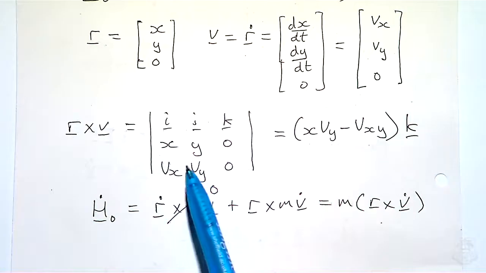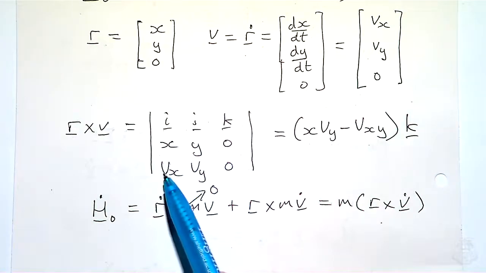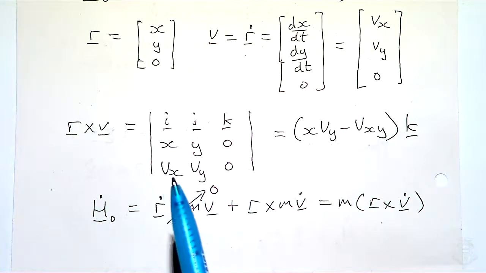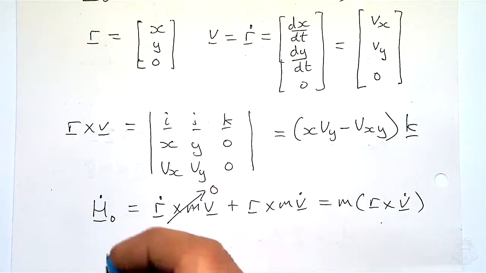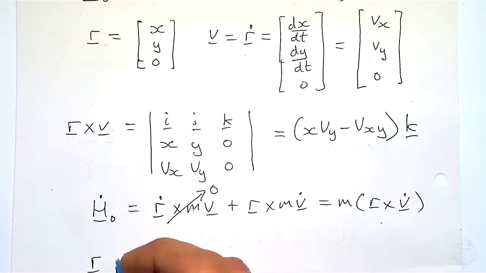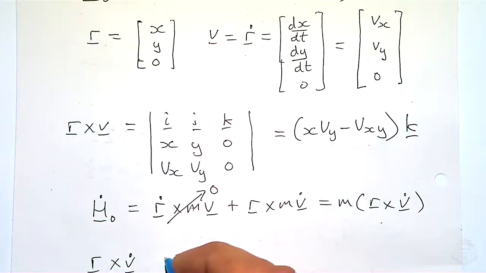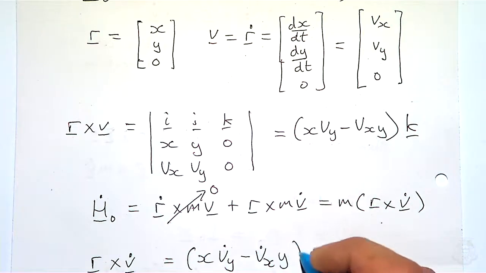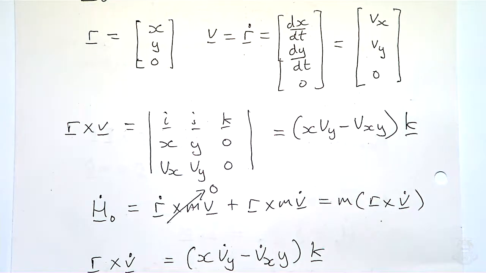Okay, so it has the same kind of layout as this, except these bits of vx dot and vy dot are in here. So we can see that r crossed with v dot would be equal to x vy dot minus vx dot times y, and again that's multiplied by the k direction.